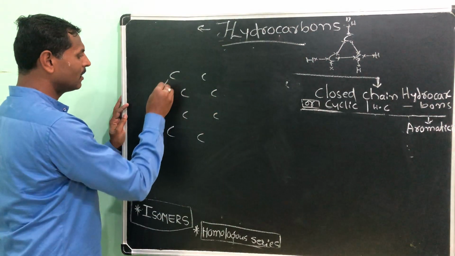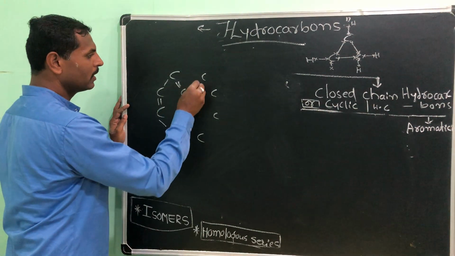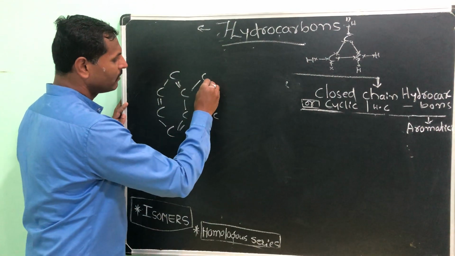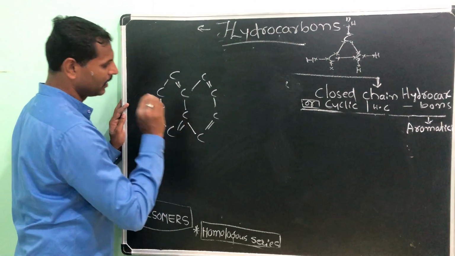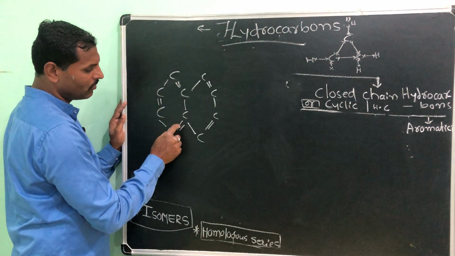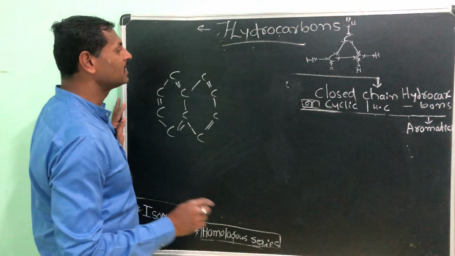Single bond, double bond, single bond, double bond, single bond, double bond. Here also single bond, double bond, single bond, double bond. Here this carbon 1, 2, 3, 4, and this carbon also 1, 2, 3, 4. This is the structure of naphthalene.